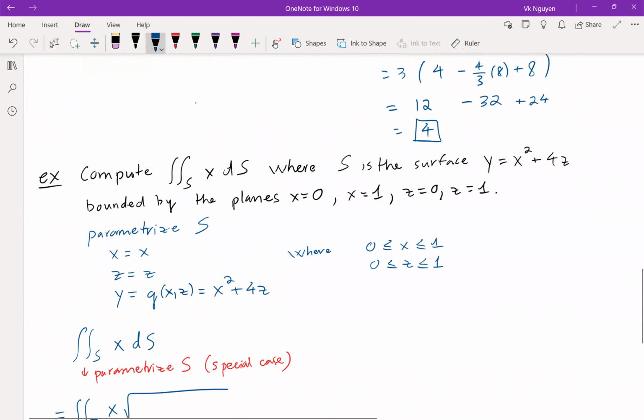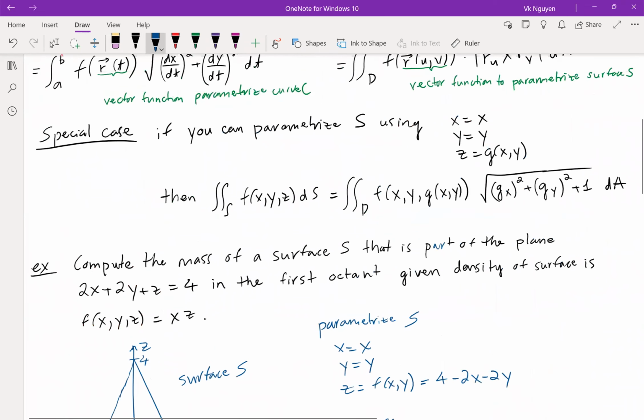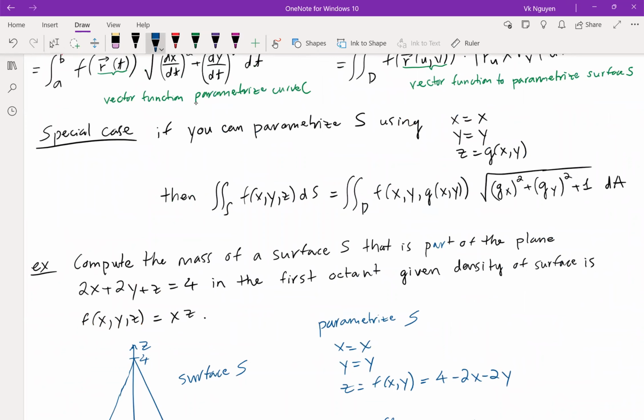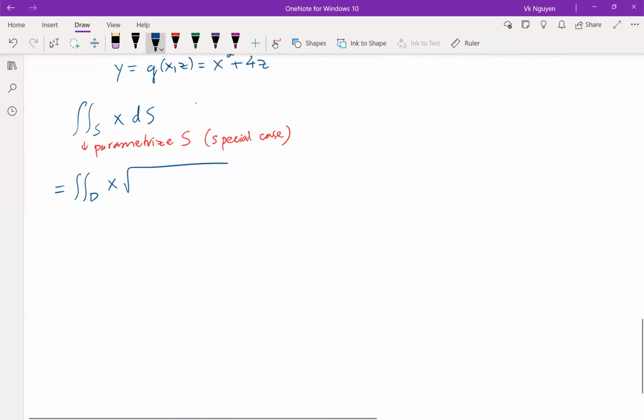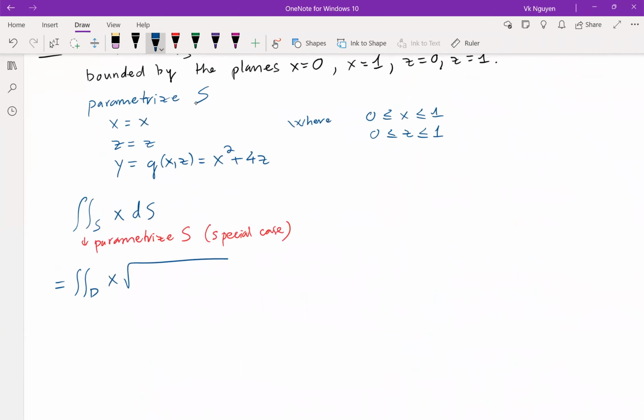Actually, let me take you guys up here. When you have x equal x, y equal y, z equal g(x,y), the dS is the square root of gx squared plus gy squared plus 1. Okay? So in this case, you're going to have to twist that special case a little bit.